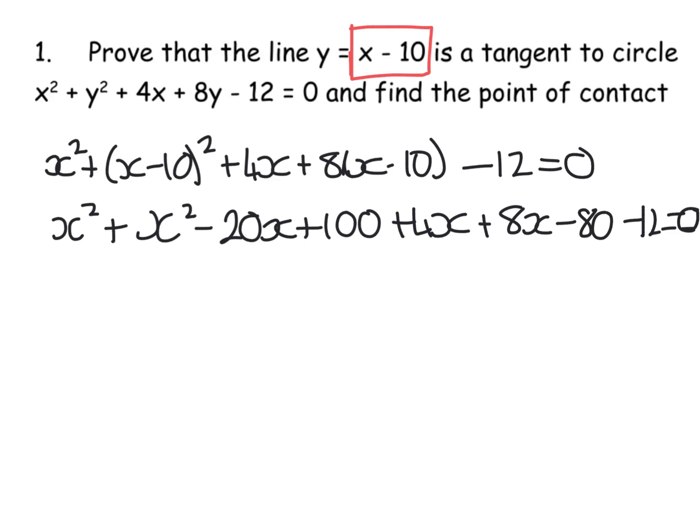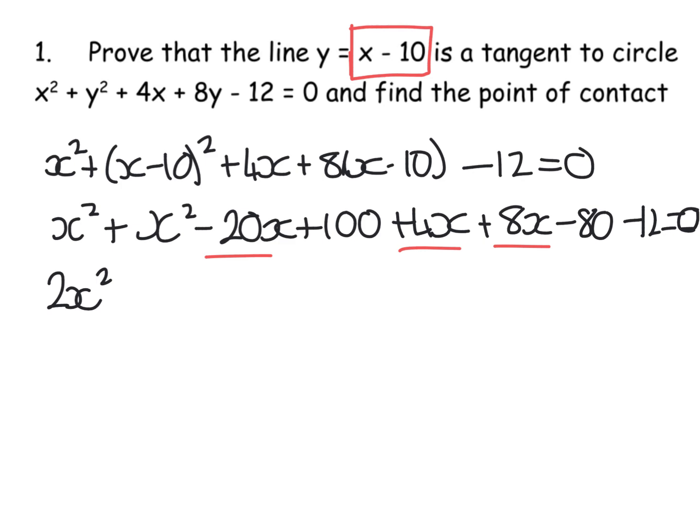Right, tidy up. x squared plus x squared, so I've got a 2x squared. My x's: if you find tidying up difficult, do what I'm doing and underline the ones that you're tidying up so you don't miss any. So I've got minus 20 plus 4 plus 8, that's 12.